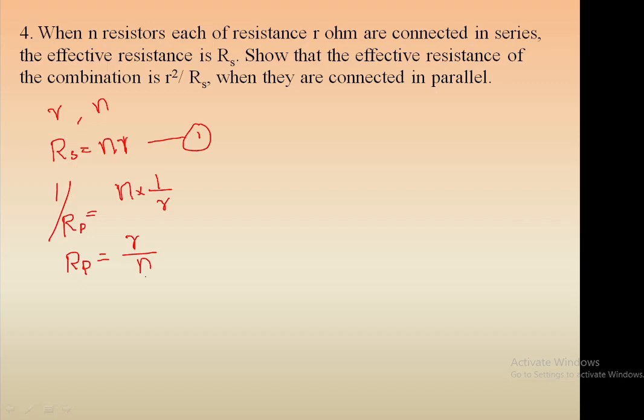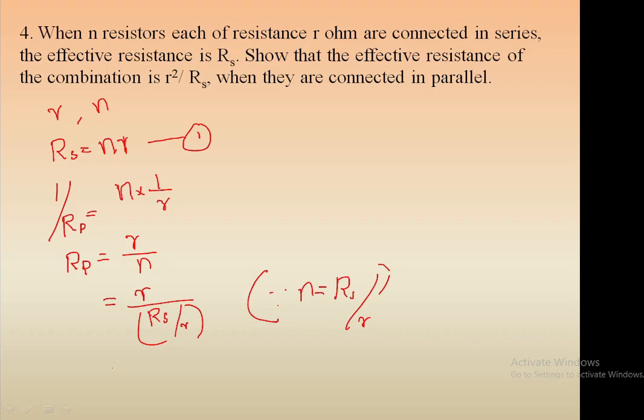So from equation 1, we can replace n. From equation 1, n is equal to Rs by small r. Okay, so we can substitute the value of n, that is Rs by small r.